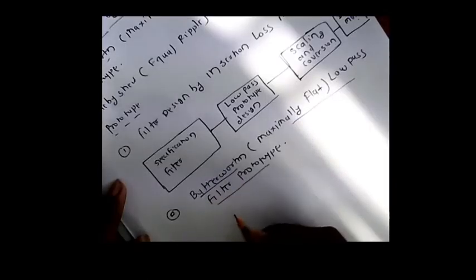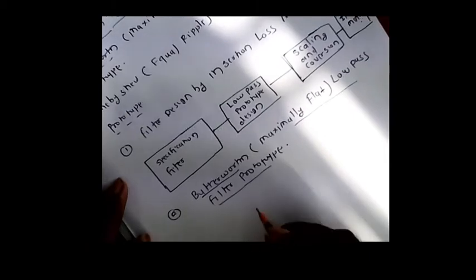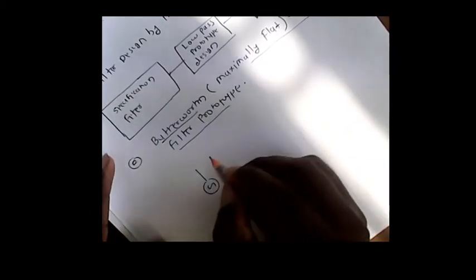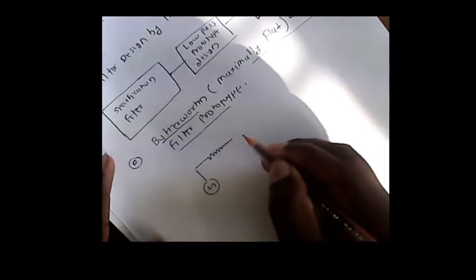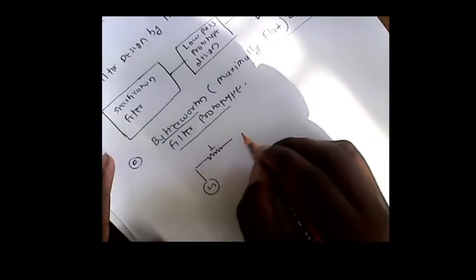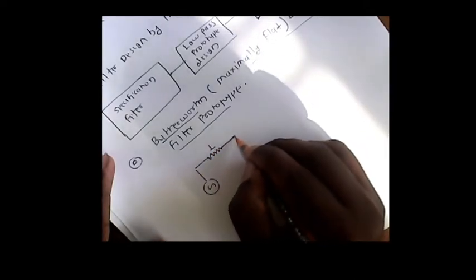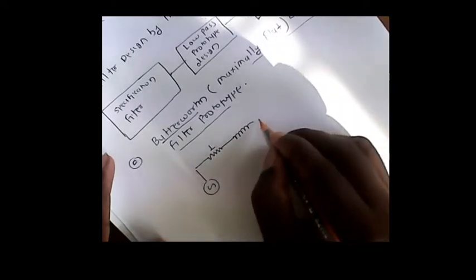We consider a two element low pass filter prototype, shown in the figure. Here is the voltage source, the source resistance normalized equal to 1, and the two elements, n is equal to 2: one an inductor and the second a capacitor.